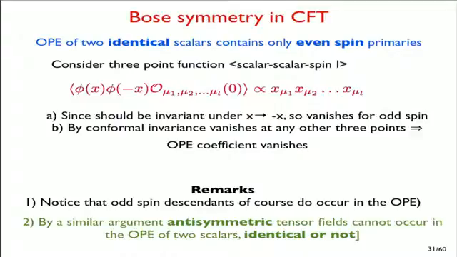This is a general fact of a conformal field theory. If you take an OPE of two identical scalars, then it only contains primaries of even spin. So here's the proof.